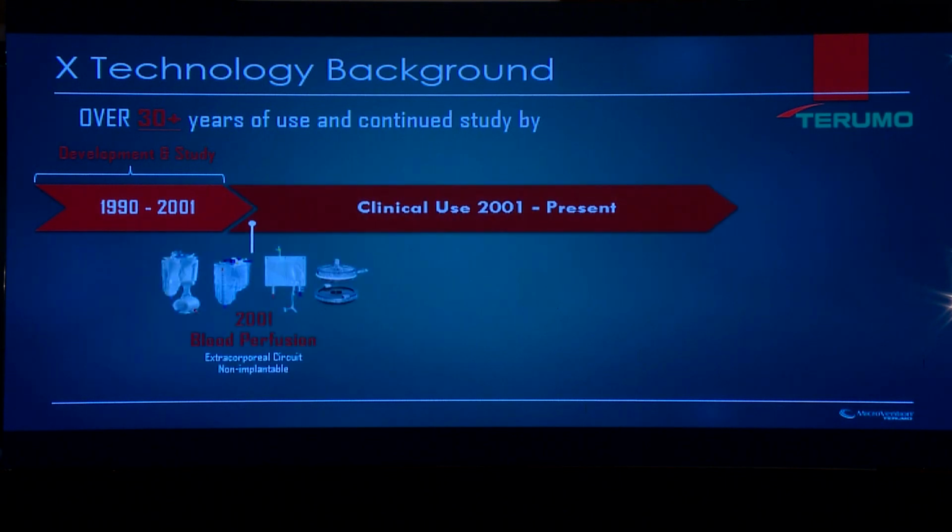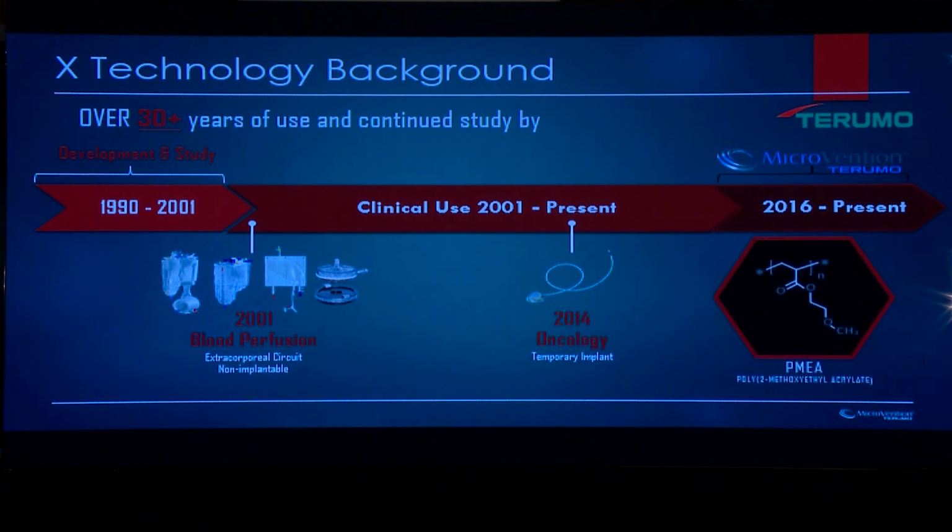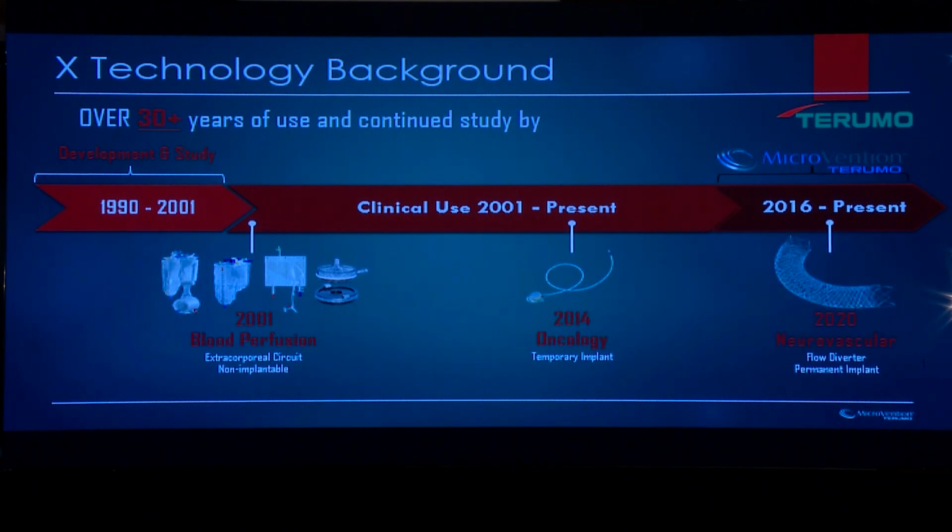And this was initially applied to extracorporeal circuits in the space of cardiothoracic surgery and intensive care. More recently, with short-term implants in the realm of medical oncology. And more recently, this technology, called X technology, has been applied to permanently implanted neurovascular stents.